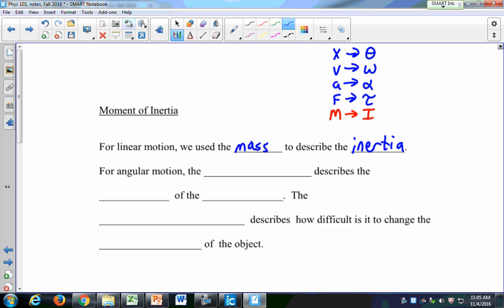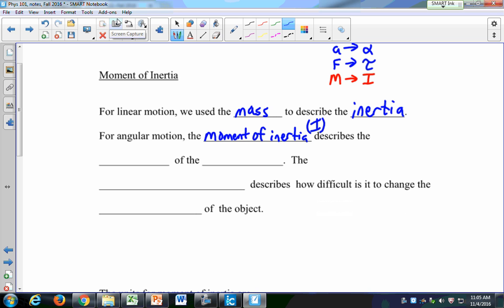For angular motion, we use the moment of inertia. And we're going to use the capital letter I for moment of inertia. It describes the inertia of the rotating body.